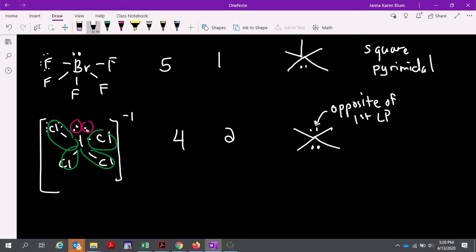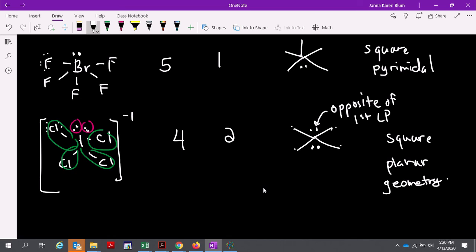So it's going to go directly across. And that gives it the most space. And you'll notice that what I'm left with, if I connect these points, what do I have? This is a square planar geometry. So that was the molecular shape of this guy.